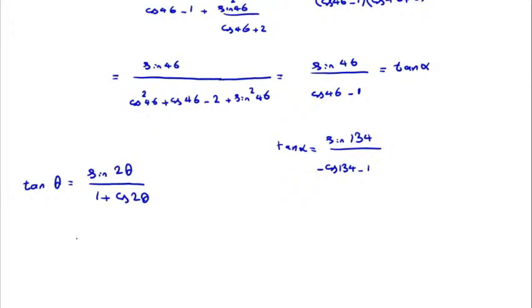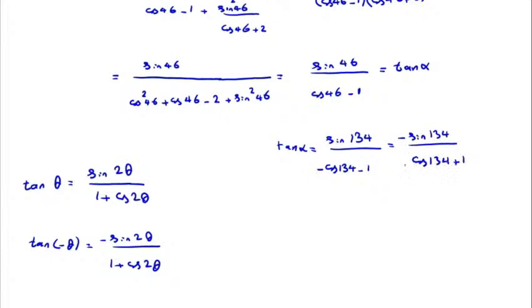And so here, if you consider tangent of negative theta, it will be negative sine 2 theta over 1 plus cos 2 theta. So we can say it is equal to negative sine 134 over cos 134 plus 1. So it will be exactly, let me call it star, exactly star, but theta is what? 67 degrees. So it will be tangent by the formula negative 67. But we know alpha is an angle that we are working with here.